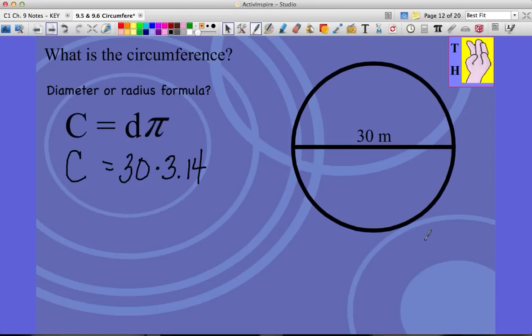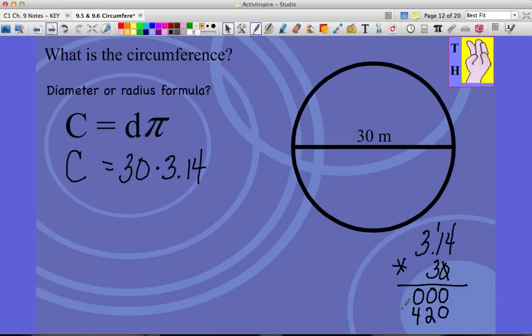Okay, then I can come off over to the side, and since 3.14 is the longer number, and it doesn't matter with multiplication what order we do it in, I can put 3.14 on top and 30 on bottom, so I don't have to extend 30 and make this problem extra long. So 0 times 4 is 0, 0 times 1 is 0, 0 times 3 is 0. I'm done with the 0. Put down a 0 as my placeholder and start with the 3. 3 times 4 is 12, carry the 1. 3 times 1 is 3, plus 1 is 4.